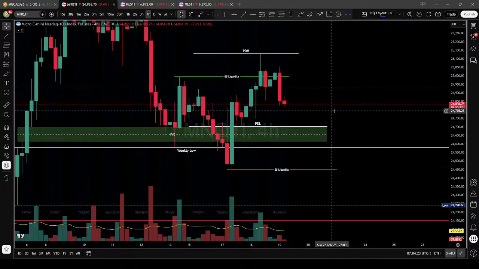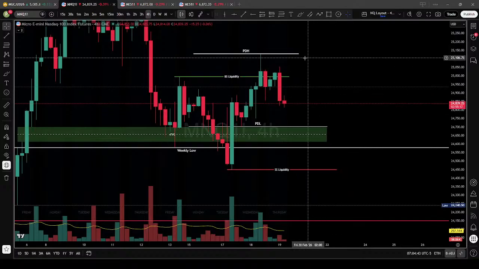So on a 4-hour time frame, we are slightly bearish. If rejection holds, we are bearish on 4-hour time frame.